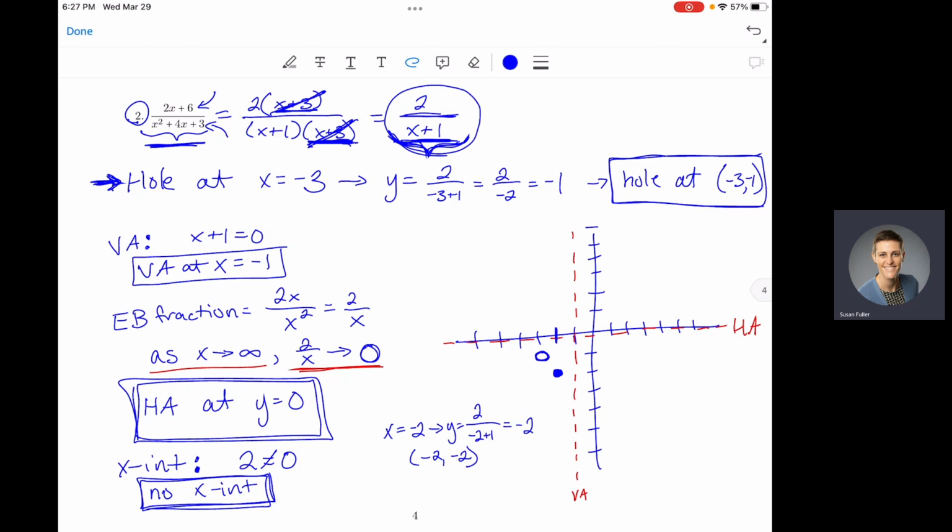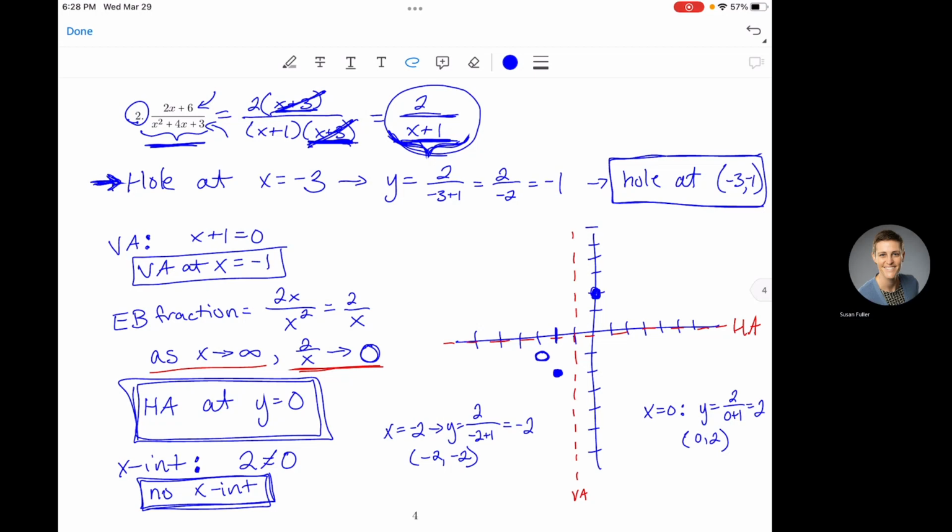I also need 2 points on the right side of my vertical asymptote. I don't have any points there at all. So I can pick whatever I want over here. So I'm just going to pick, how about x equals 0? If x equals 0, then y is going to be 2 divided by 0 plus 1. 2 divided by 1 is 2, which means I have the ordered pair 0, 2 over here.